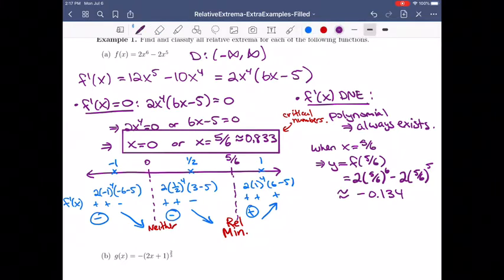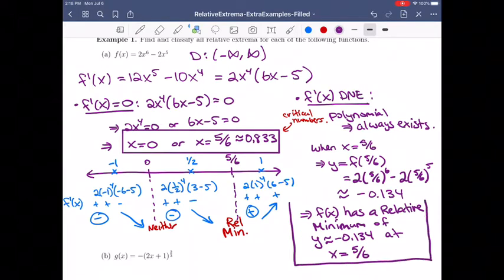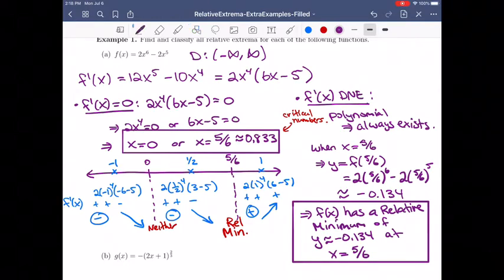So that means that f of x has a relative minimum of y approximately equal to negative 0.134 at x equals 5 over 6. It's good to know what that number is.